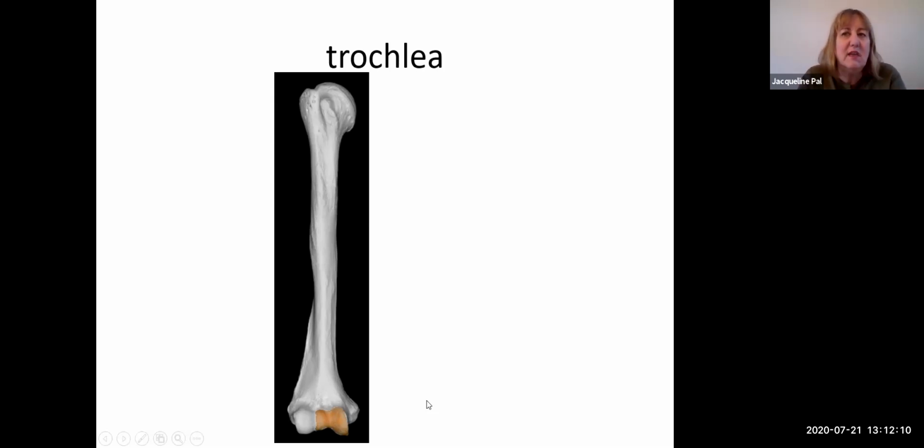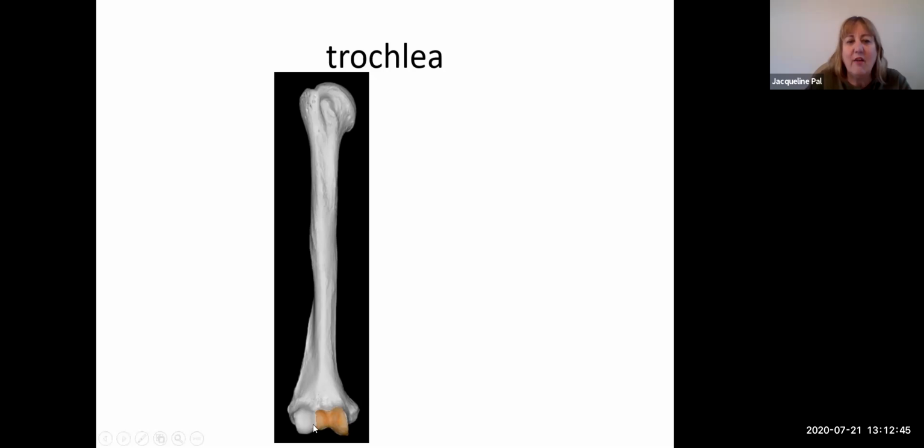This actually is the medial condyle on the distal end, just like the head was the condyle on the proximal end. But notice we're not calling any of these condyles, we're giving them names. Lots of bones have heads for the names of their proximal condyles. This is the only bone where the distal condyles have names. So the distal condyle on the medial aspect of the humerus, the hourglass turned on its side, is known as the trochlea.